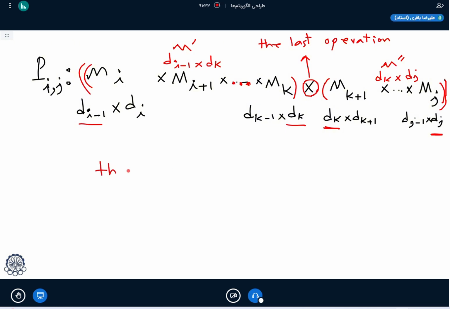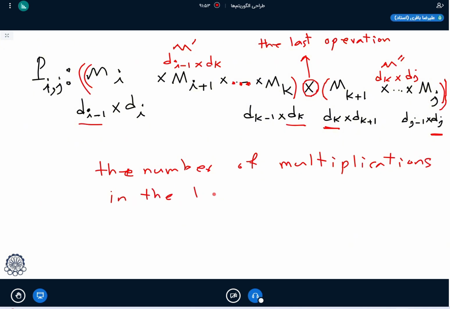So we can write this: the number of multiplications in the last operation is equal to d(i-1) multiplied by dk multiplied by dj.